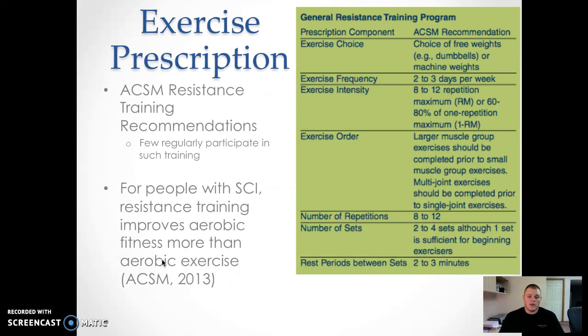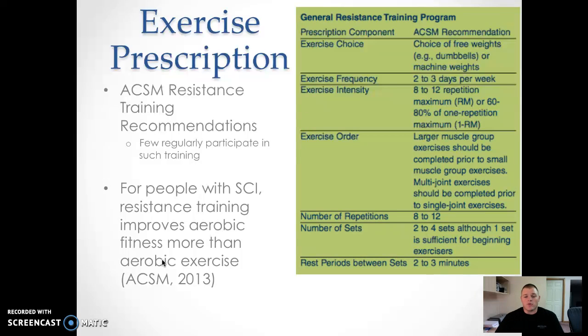And the ACSM resistance training recommendations: unfortunately, few disabled people actually regularly participate in resistance training. But the ACSM found resistance training improves aerobic fitness more than aerobic exercises actually do, because they're kind of limited in what they can do.